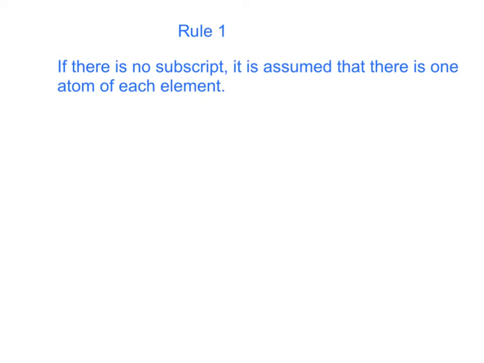So rule number 1 is if there is no subscript, it is assumed that there is one of each element. And so it's important to first understand what a subscript is. A subscript is a number, just like in typing a subscript, it's a number that is written down below. And so when we're talking about water, H2O, the subscript is going to be the 2.